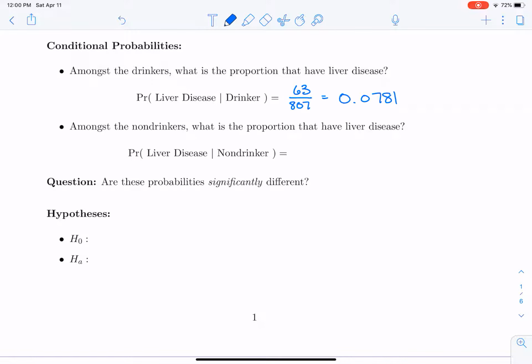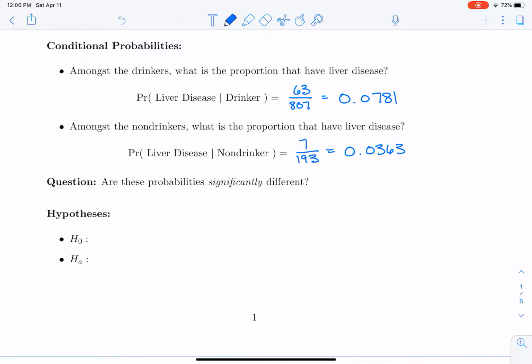What about the probability of people who have liver disease given that they're non-drinkers? Okay, well, there were 7 people who had liver disease that were non-drinkers, and there were 193 total people that were non-drinkers. And so this gave us 3.63%. And the question is, are these probabilities significantly different?